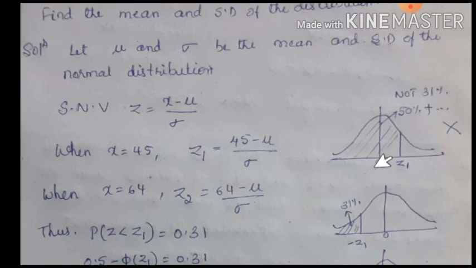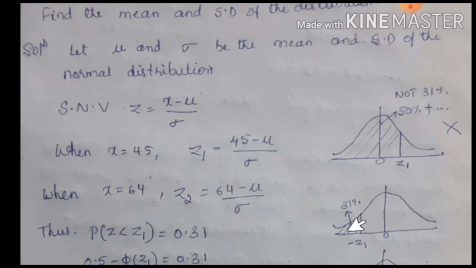Let me check whether it is possible if I take it on the left side of the 0 line. Less than, so on the left side of the line of z1 I have to mark. It is 31%, which is less than 50%.